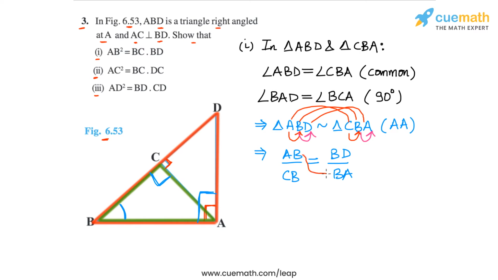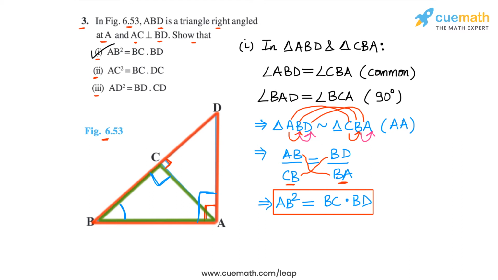So we have AB into BA, and BA is simply AB, so we get AB into AB on one side, and BD into CB on the other. CB I'm going to write as BC. So on the left side, we get AB square, and on the right side, we get BC into BD. So this is what we had to show: AB square is BC into BD. Alright, so this completes part 1.